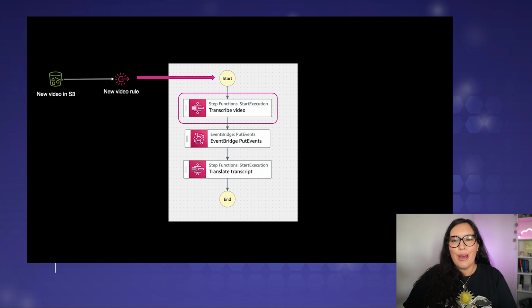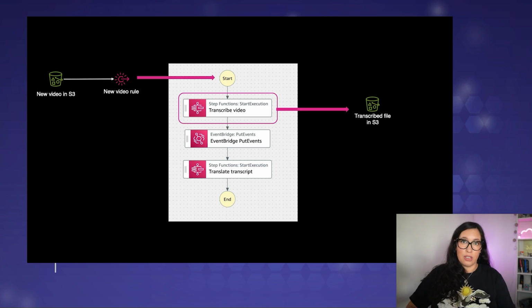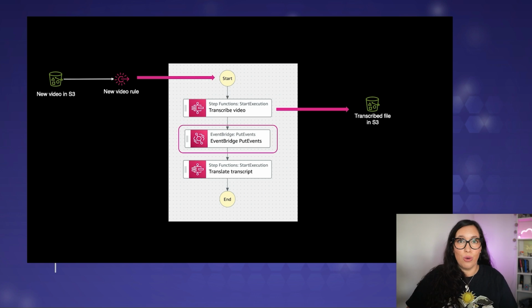Then the transcribe video step will happen, and when the transcription is done, we will store that transcription in S3. Now I want a human to validate that transcription, and I will put an event in S3 to let my human know, either with an email or whatever, that there is a transcription ready.